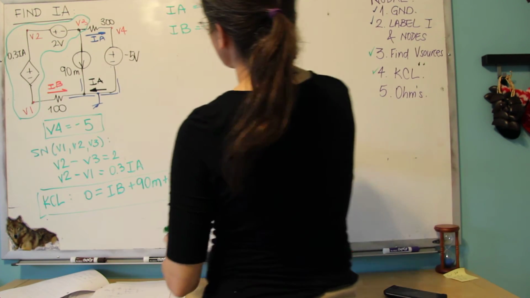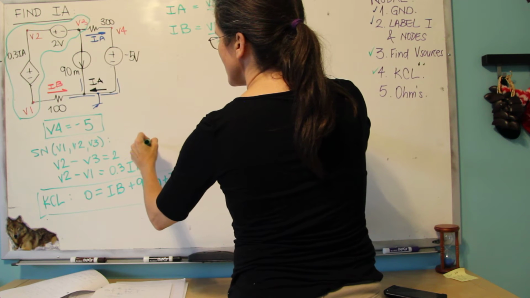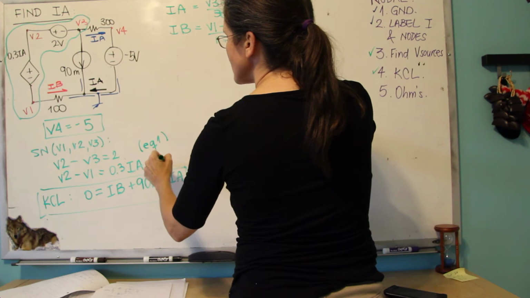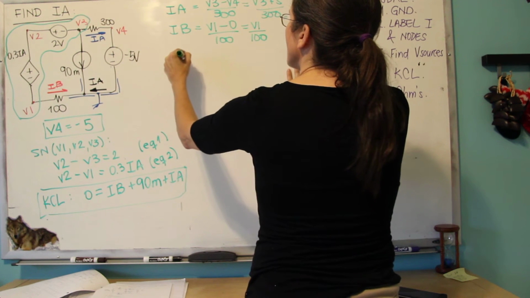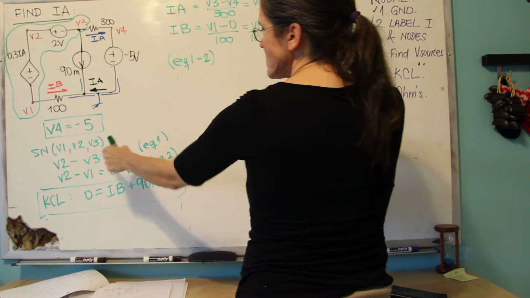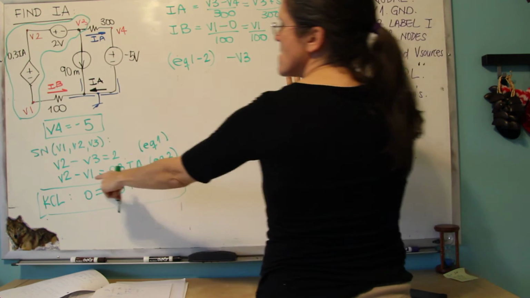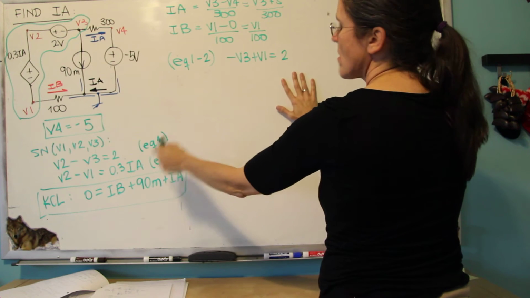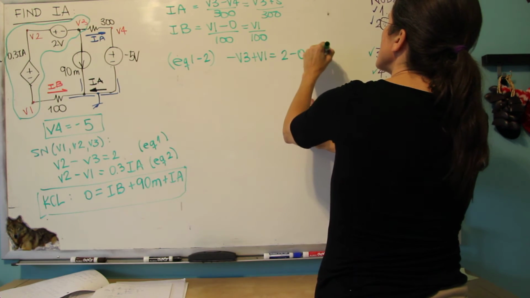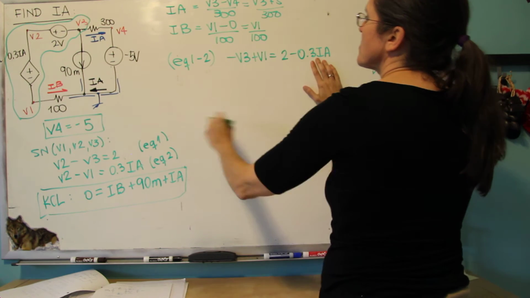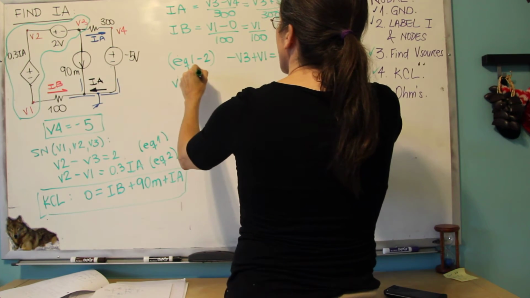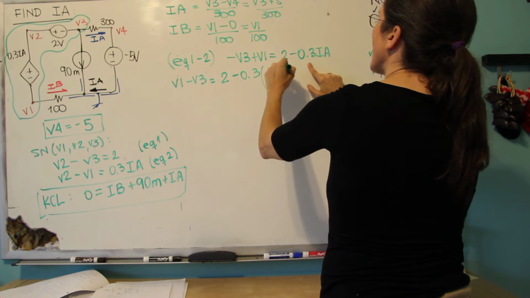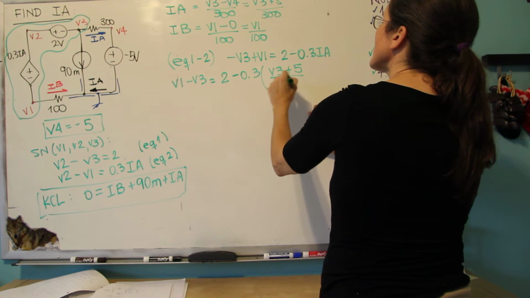So I'm going to subtract those 2 equations. So equation 1, possibly minus equation 2. Which is going to be minus V3 plus V1 equals 2 minus 0.3 IA. But now I know that IA equals V3 plus 5, so V1 minus V3 from here equals 2 minus 0.3 times (V3 plus 5) divided by 300.